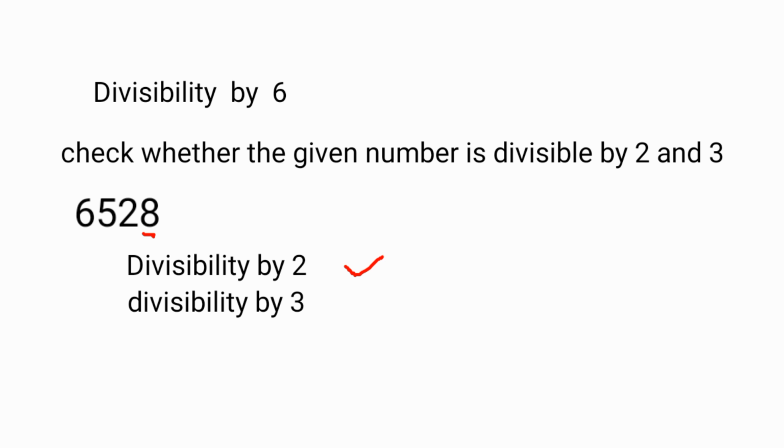Add all the digits. That is, 6 plus 5 is 11, 11 plus 2 is 13, 13 plus 8 is 21. Check whether 21 is divisible by 3. 21 by 3 is 7, that is, it is completely divisible. So, since both the conditions are satisfied, this number is divisible by 6.